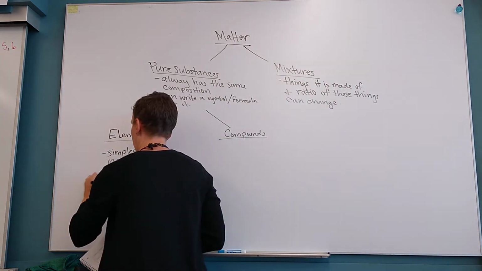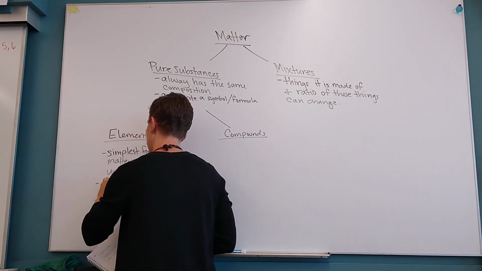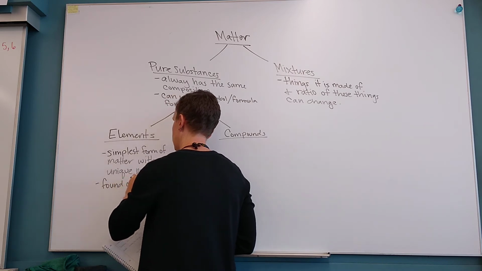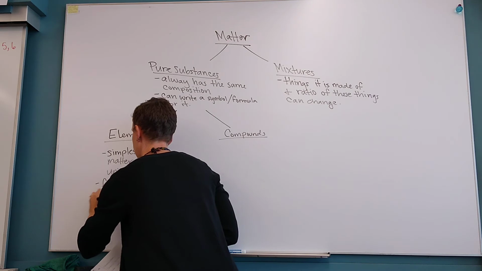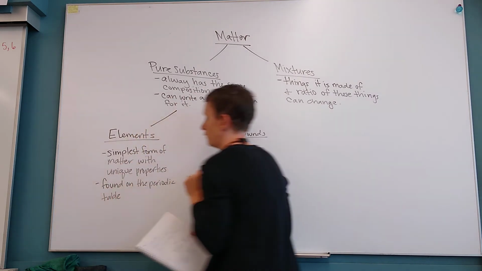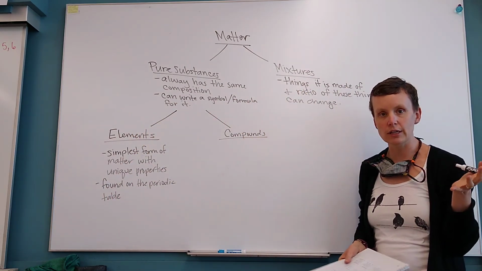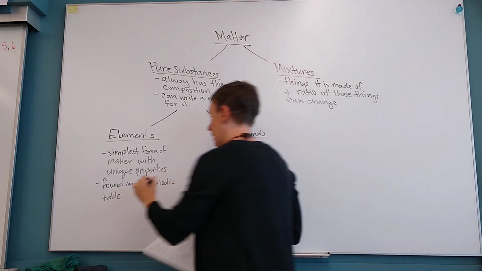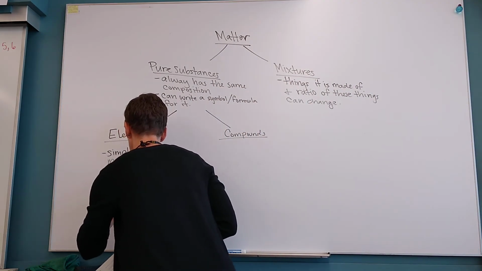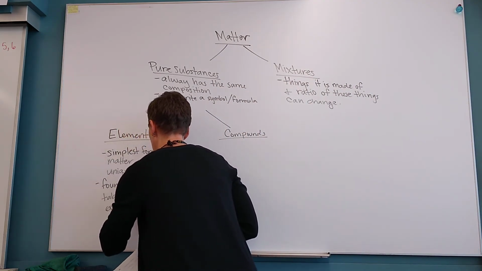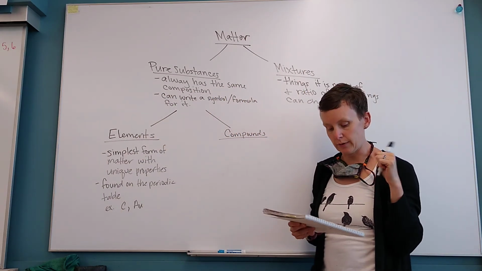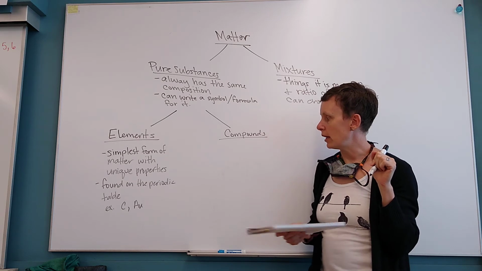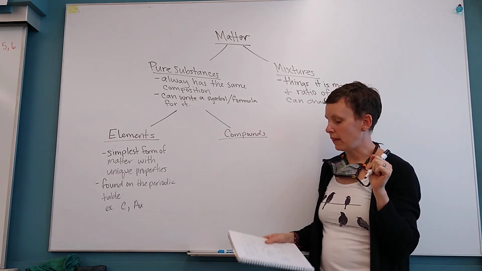They are found on the periodic table, so there's 118 options here. And examples could be carbon, gold, which is Au, oxygen, hydrogen, I mean, pick them. There's 118 of them, okay? But their symbols represent them.